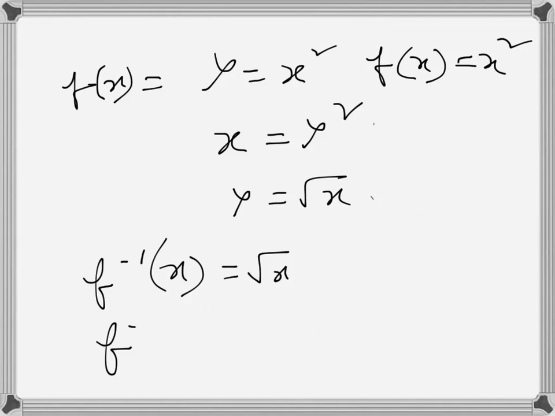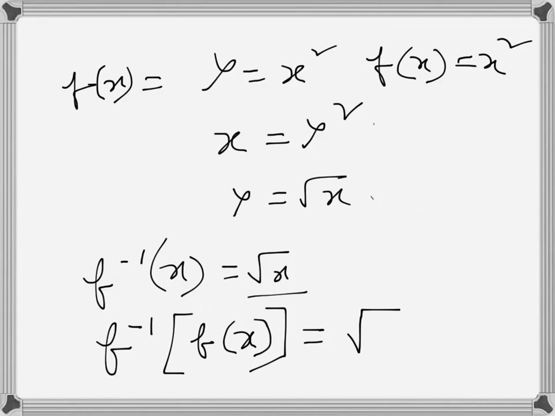Now if I want to write f⁻¹(f(x)), what I will do is take f inverse of x, which is root x, but instead of x, this is not x, it is a function of x, so this is actually x squared, so it becomes the root of x squared, and that is x.